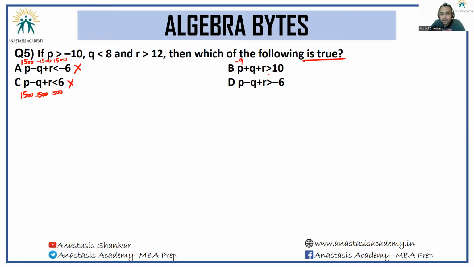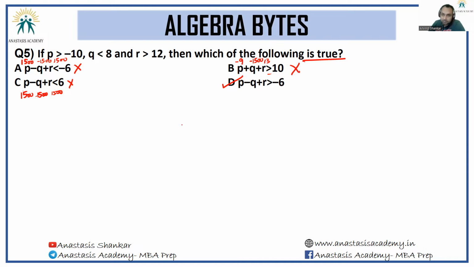Let me take P as -9. Q is less than 8, so let me take Q as -1500. And R is greater than 12, so let me take R as 13. So -9 plus -1500 plus 13 is greater than 10? Of course not. This is also ruled out. Now A, C, B are ruled out. Answer has to be D.